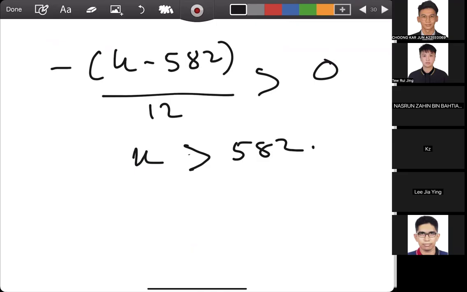Shu Peiki, is it correct? I think it's wrong. I think should be K less than 582. How you get less than 582? It's a negative K plus 582 greater than 0.